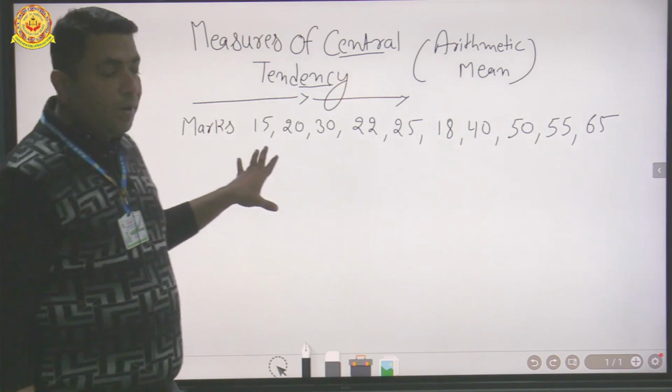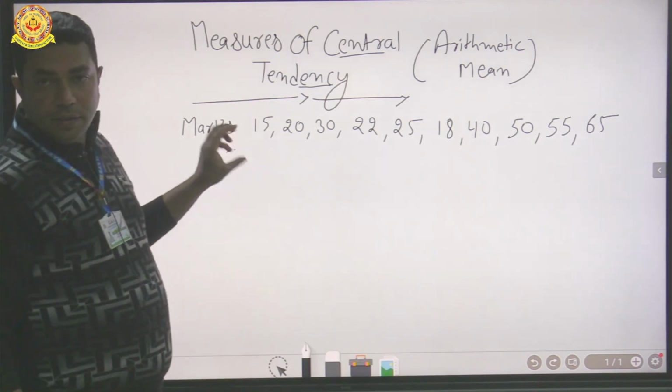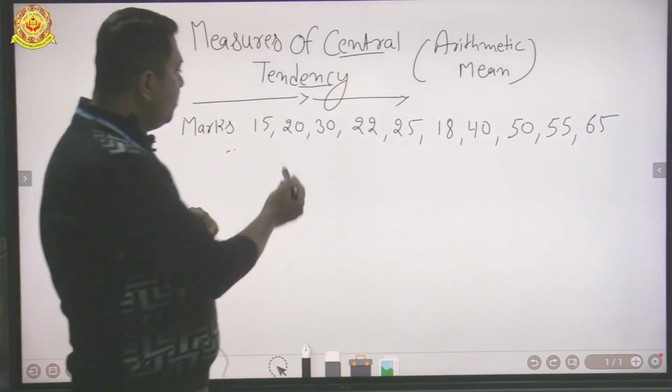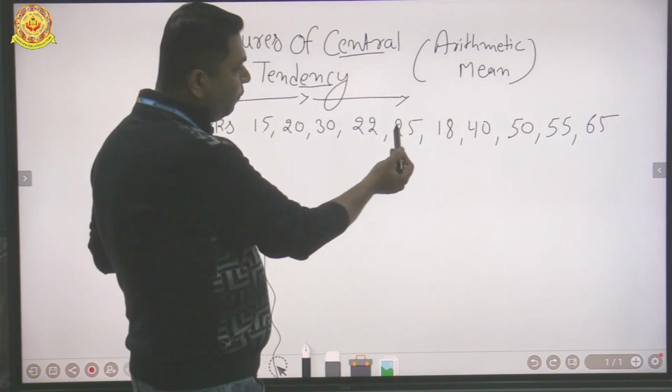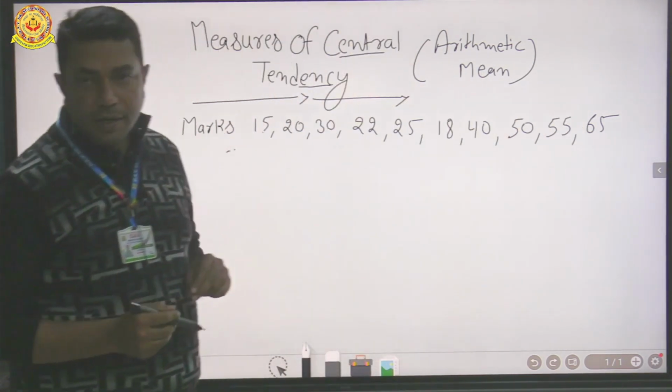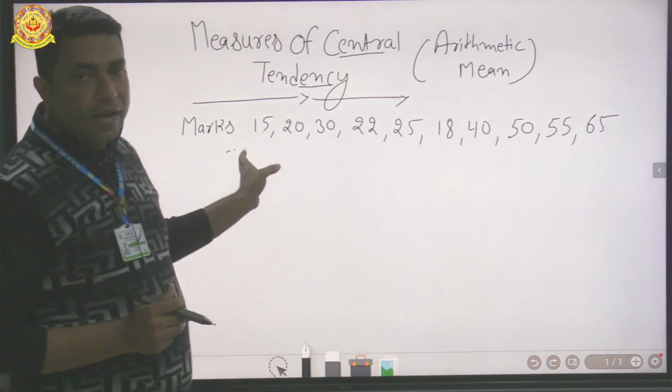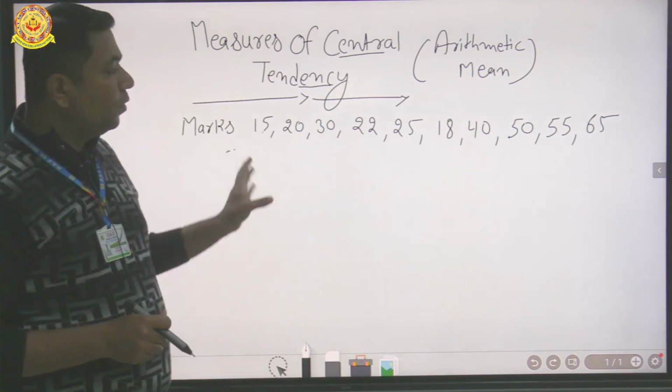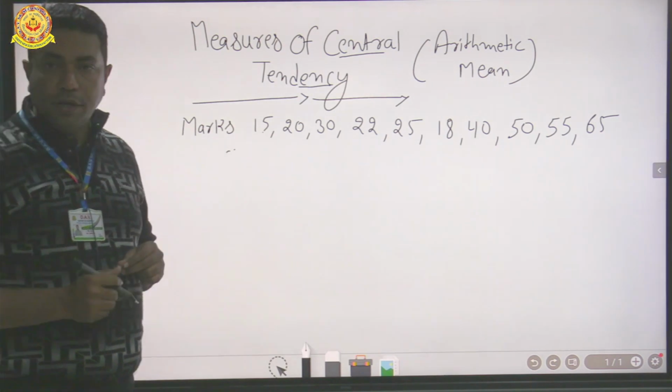Number of students: 1, 2, 3, 4, 5, 6, 7, 8, 9, 10. So the number of items is 10, and we are asked to calculate the arithmetic mean from the given data.